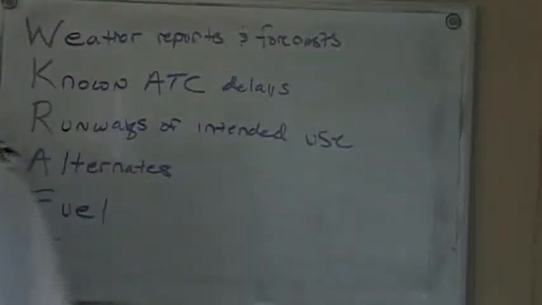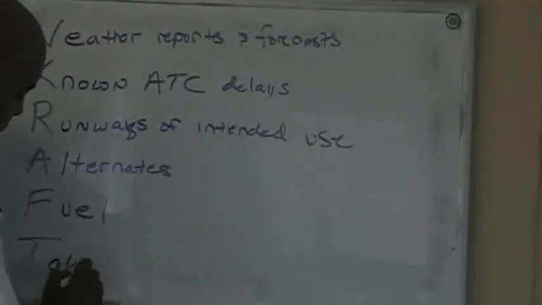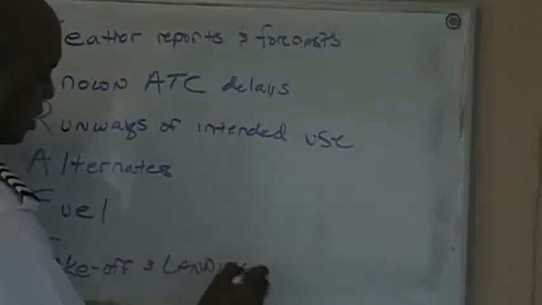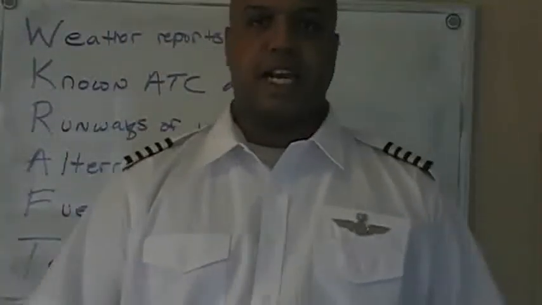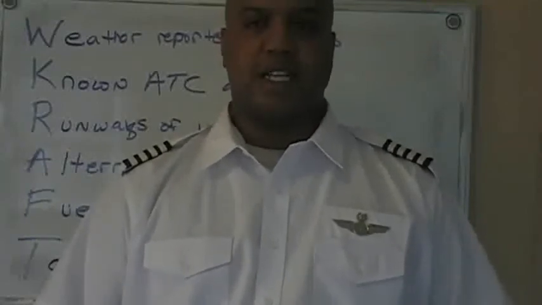And T, we have to think about our takeoff and landing distance data. Okay? Like I said, when we're considering alternates and different airports and things of that nature, we have to think about takeoff and landing distance data.